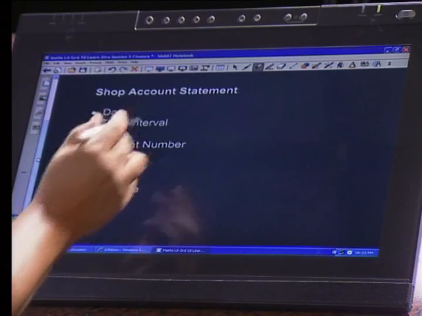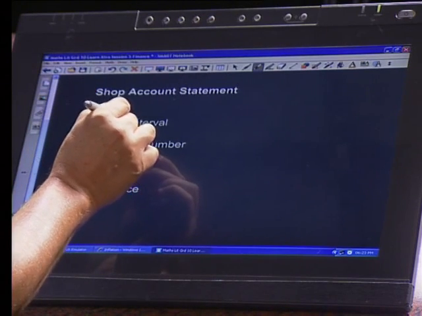Now, if all that happened in the month of January, all those transactions are going to show on your shop account. If you've made a payment, it's also going to be reflected on that account. Okay? So, our account will have the date, the time interval. It's going to tell you your name. It's going to say, this account belongs to Mr. Peter Templeton.